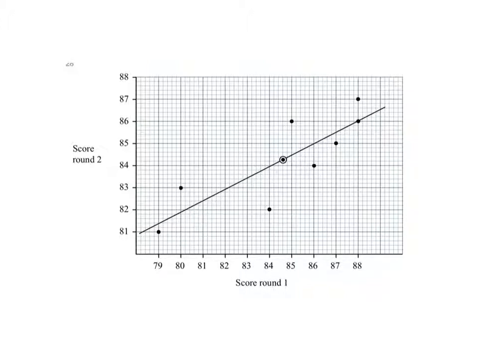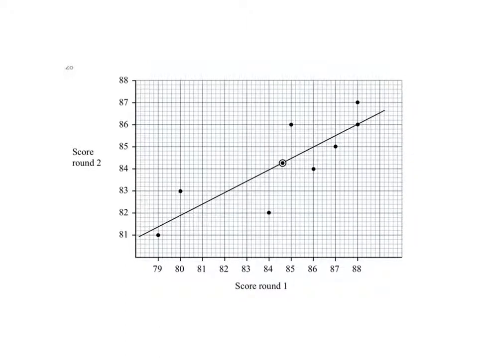We need to find a gradient if we're going to find the line of best fit, and I'm going to use this point at the top here because it's lying on the line, and I'm going to try and find another point which is exact, and we have this here. So I have the point which is 82.2 and the y value is 83.